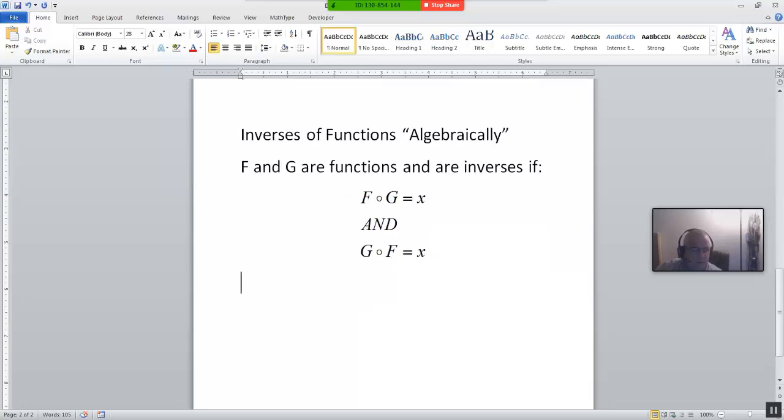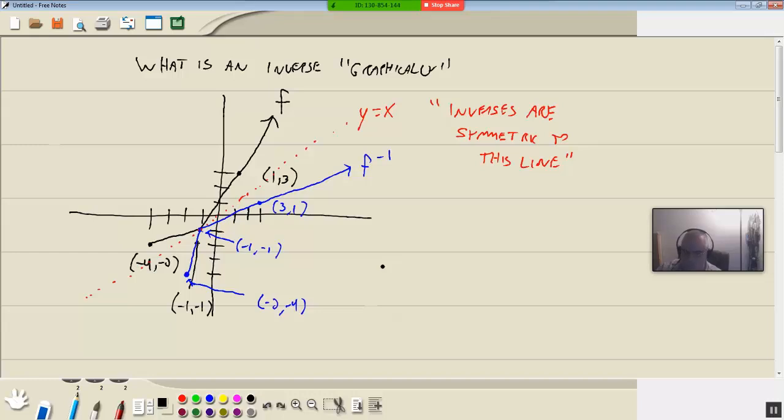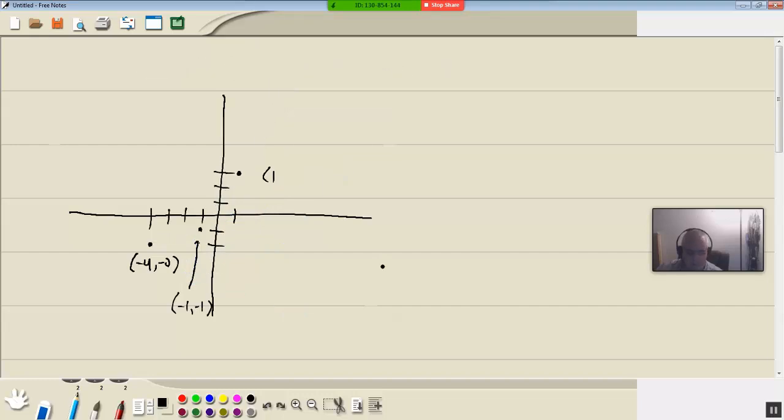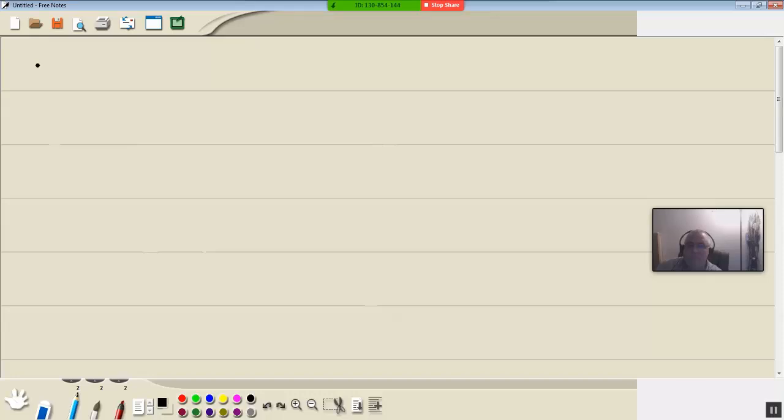So if I had a problem, let me erase that. And I had f of x is equal to 3x minus 1, and g of x is equal to 1/3 x plus 1/3.